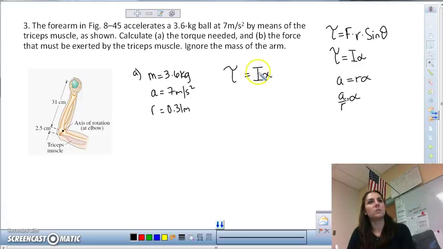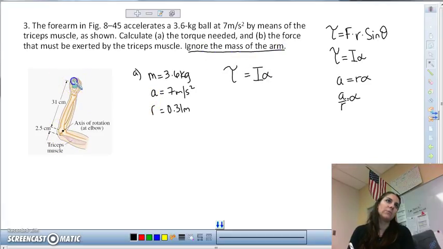Now the other thing we need to do is figure out I. It says ignore the mass of the arm. So if we do, then the only thing we have is a ball, which acts as a particle away from our lever arm, r.